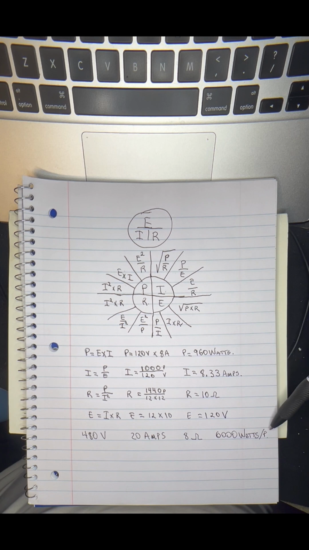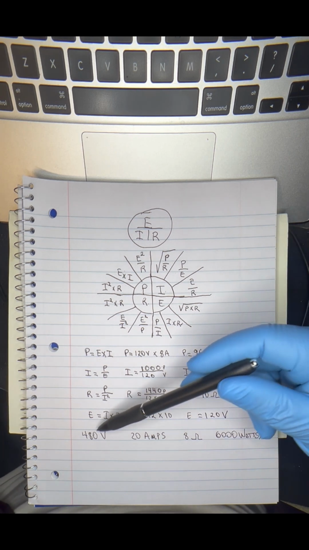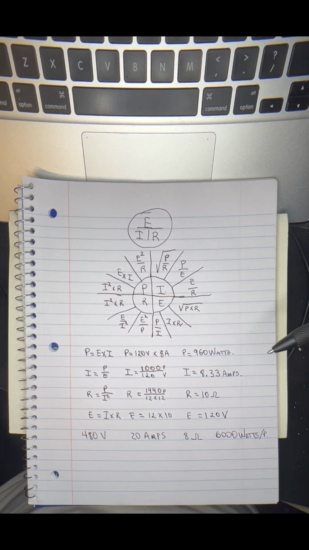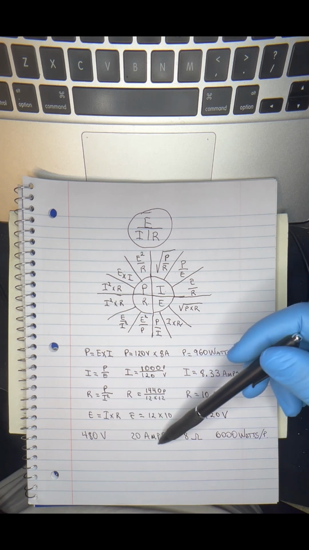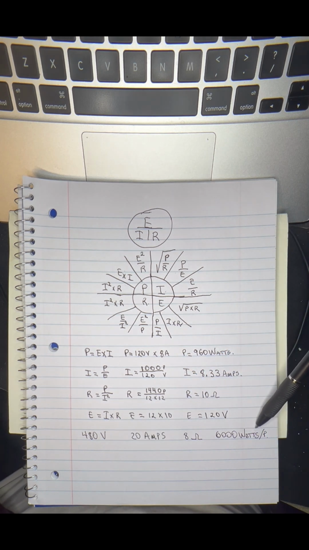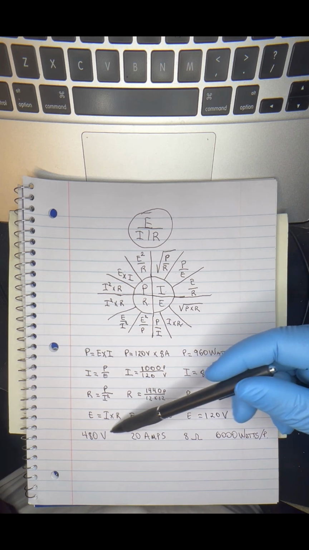This is basically an industrial circuit. And you're going to see, if you ever go to industrial installations as an electrician, technician, engineer, anything like that, you're going to see a lot of these numbers.